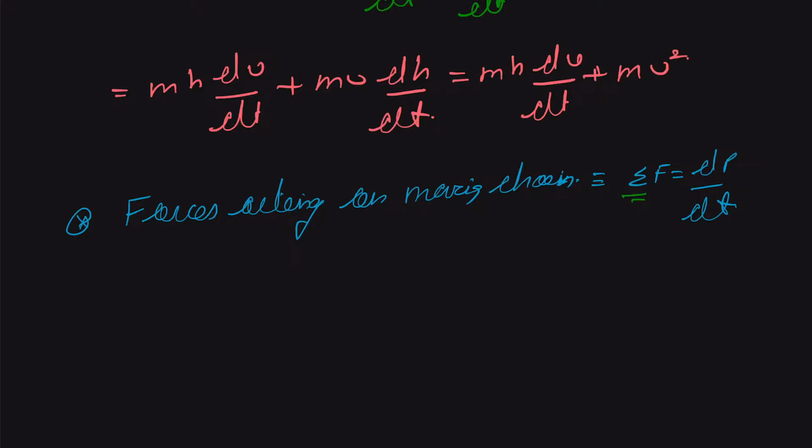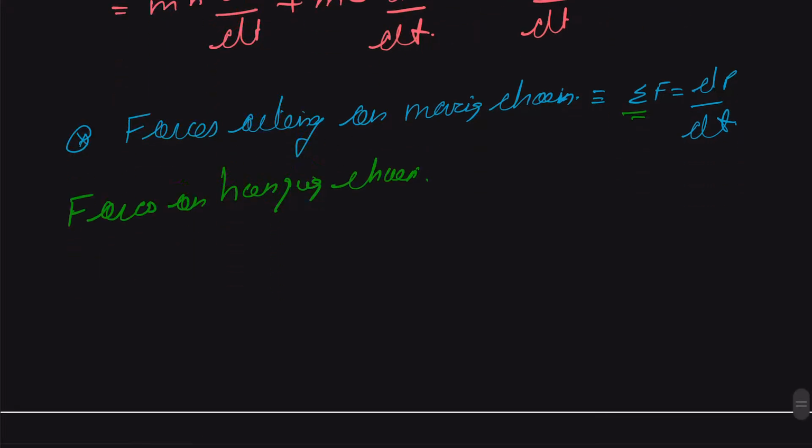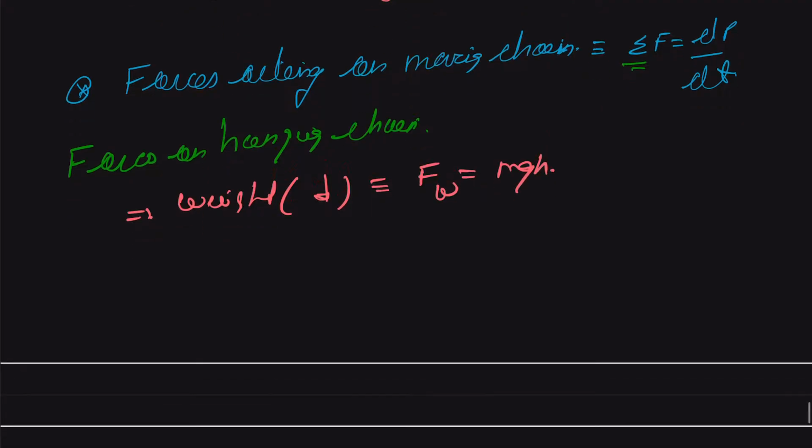So we can say forces on hanging chain, and the forces on hanging chain, first will be our weight, in the downward direction. So let us call this our Fw, which is our mgh, and we have applied force, that is upward.